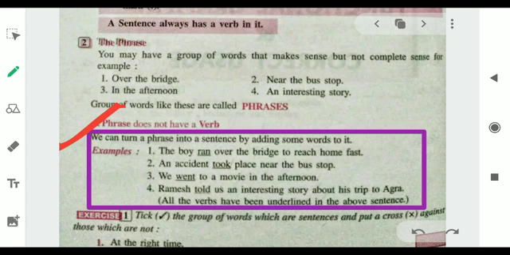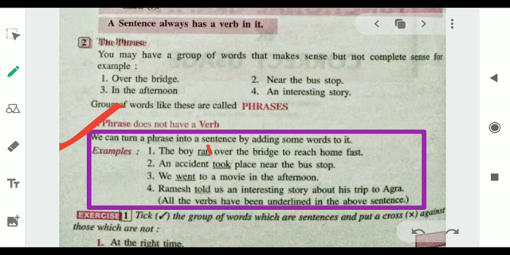Now students, you can see over the bridge over here is the phrase, and the other words added to it are additional. And you can see ran is the verb of the sentence. As we have learned that sentence always has a verb. So to convert a phrase into a sentence, you have to add a few groups of words, but it should contain a verb also.